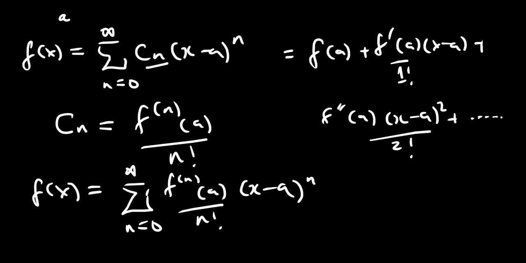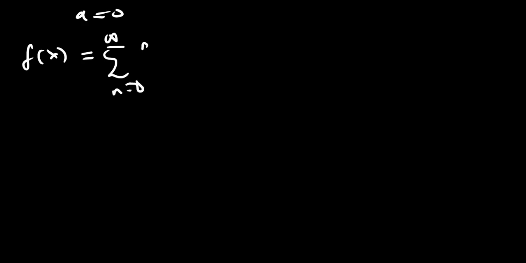So now at the point a, this general form is the Taylor series. But if we replace our point a with a equal to 0, then this Taylor series becomes f of x equal to the summation from n equals 0 to infinity of f^(n)(0) over n factorial times x to the n.